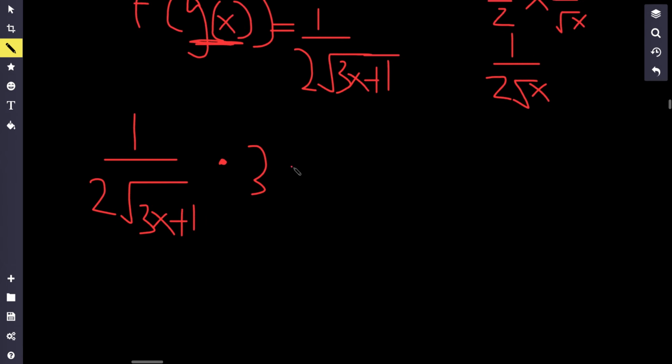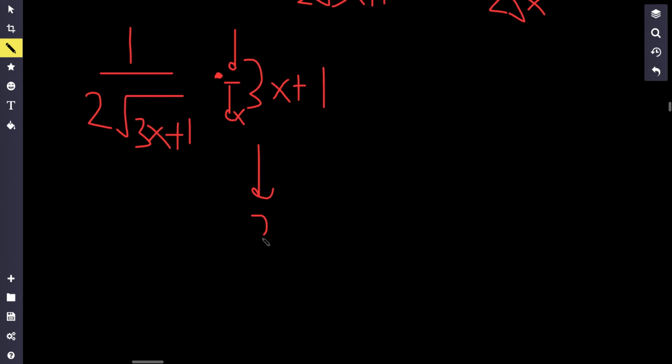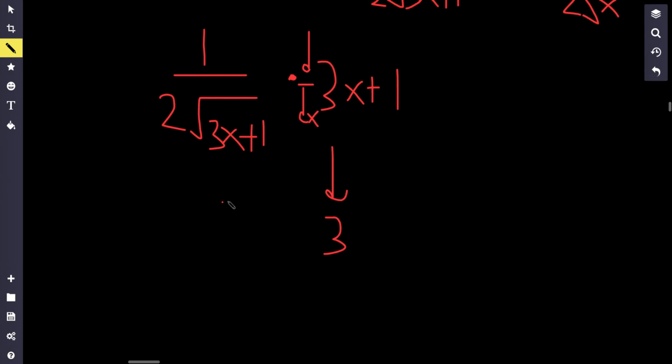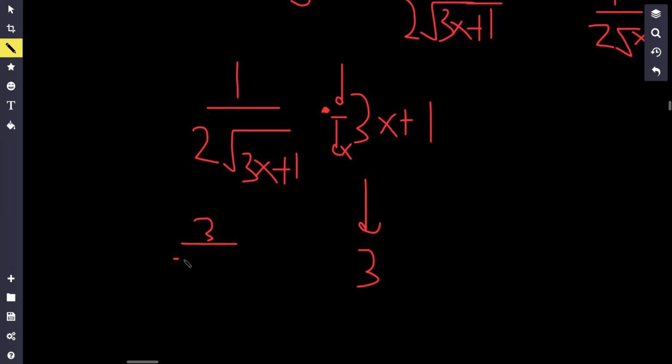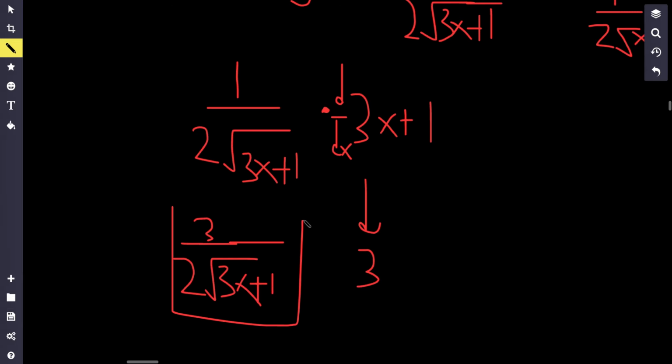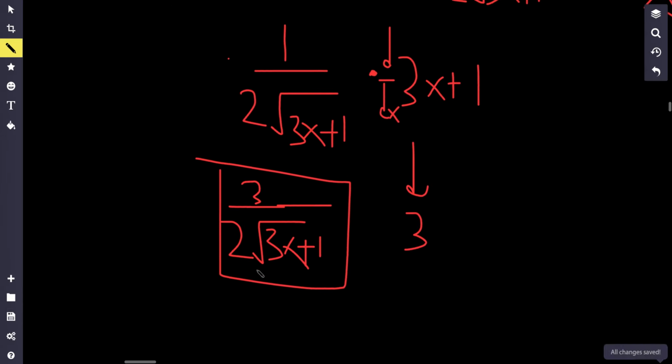So the derivative of 3x plus 1 is just going to be equal to 3. So it's just going to be 3 divided by 2 times the square root of 3x plus 1 in the denominator. And there we have it. That is our derivative using the chain rule.